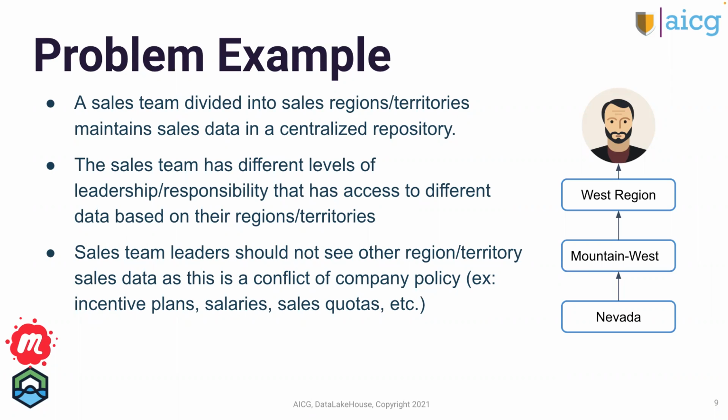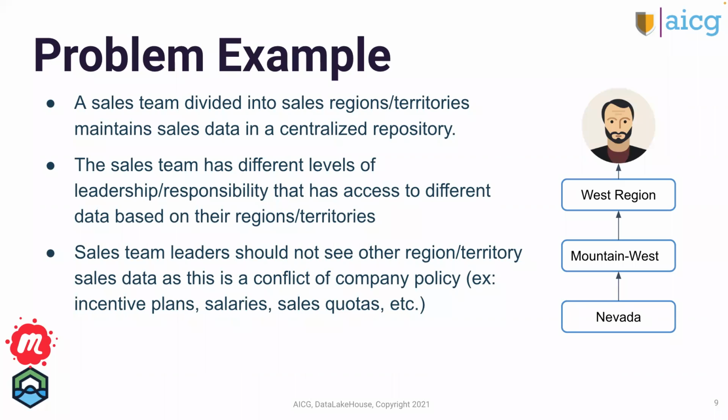So sales team leaders should not see other sales team leaders' regional territorial sales data. That could be a conflict of interest. You might have something like different incentive plans or salaries, and you don't want one sales or territory region manager seeing the other regional manager's data.